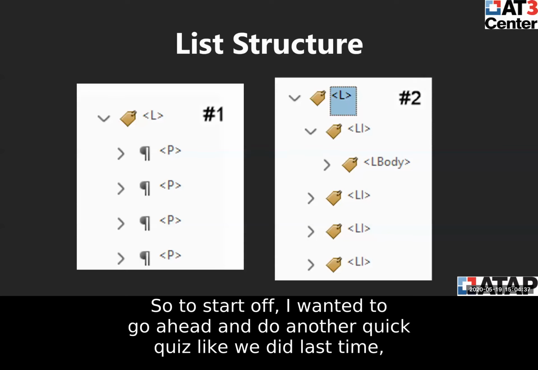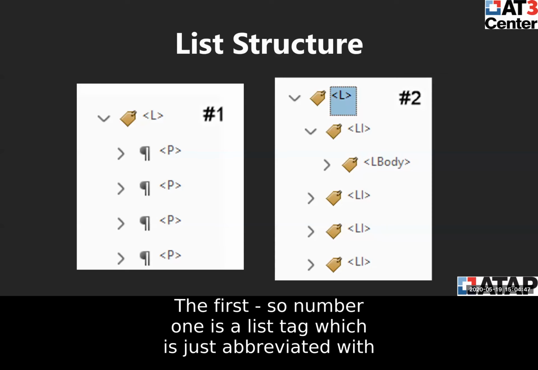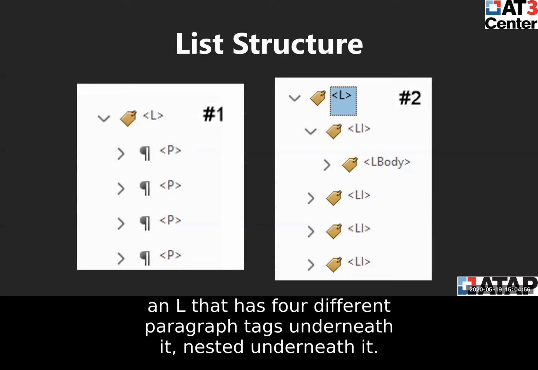So to start off, I wanted to do another quick quiz like we did last time. I have two different list structures showing on the screen. The first, number one, is a list tag, which is just abbreviated with an L, that has 4 different paragraph tags nested underneath it.